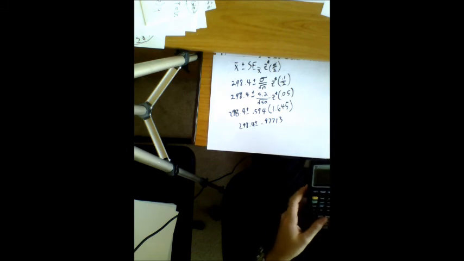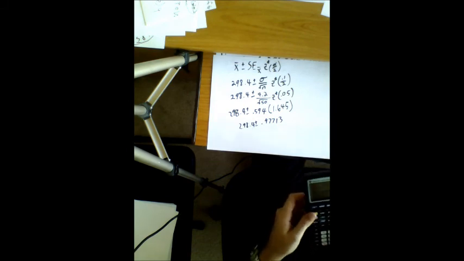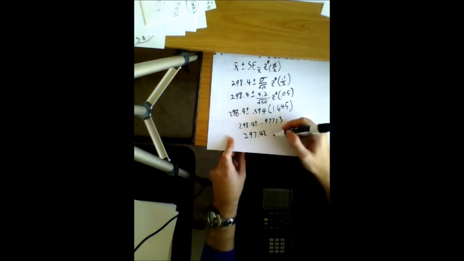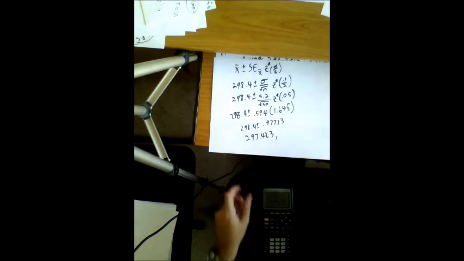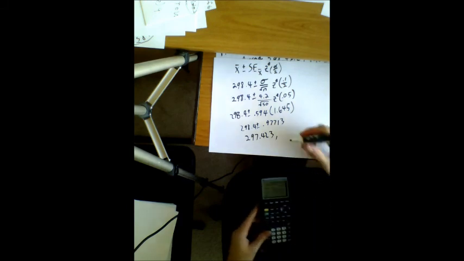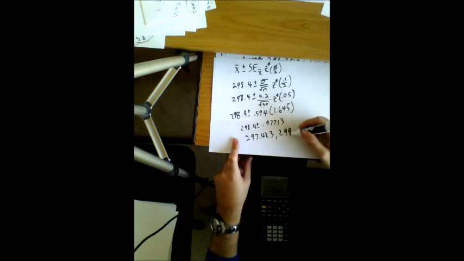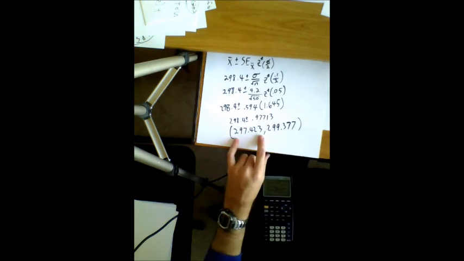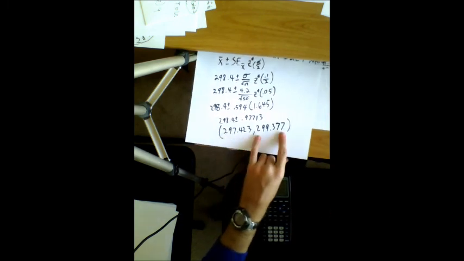So we have 298.4 minus that bit, 297.42, and plus that, 299.37. So again, this is the lower bound, of course the smaller one, and this is the upper bound, the larger one.